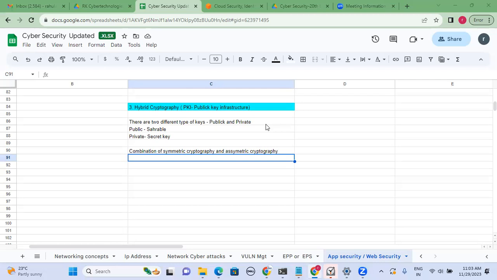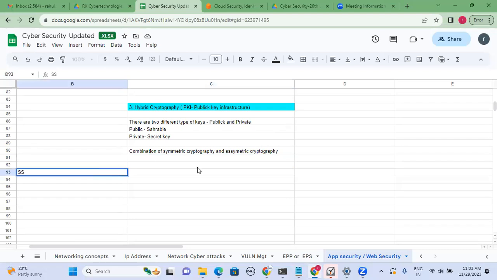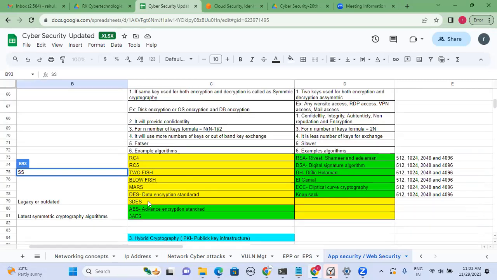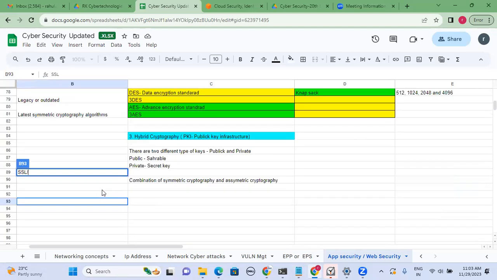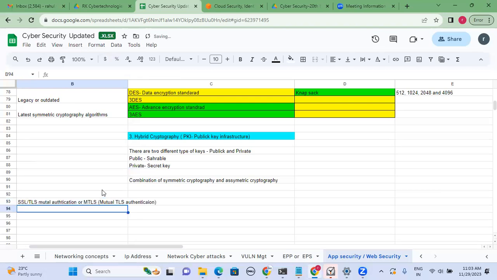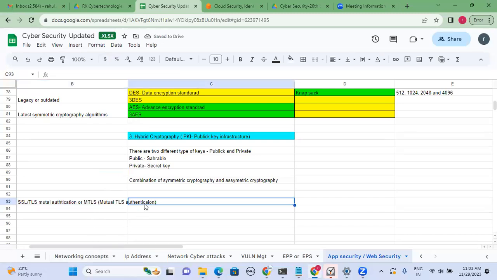The third process is called SSL TLS mutual authentication, or MTLS, mutual TLS authentication mechanism.